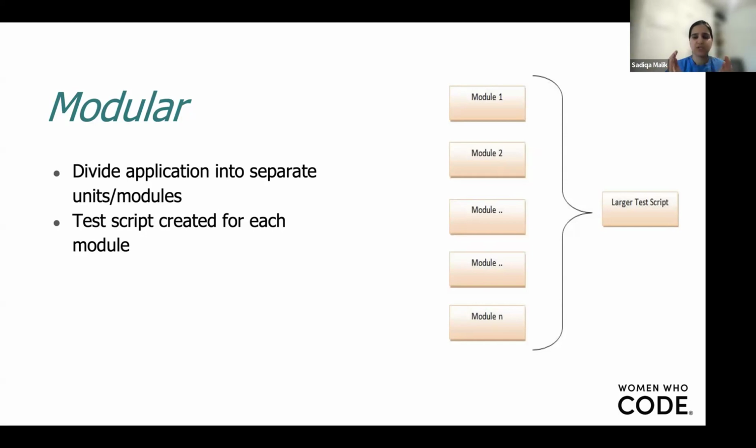So for each functionality, you have a separate test script that is created, and each of them are an independent test script, so they could run on their own. And then when you need to do an end-to-end test, you just combine those test scripts and you run your larger test scripts, right?